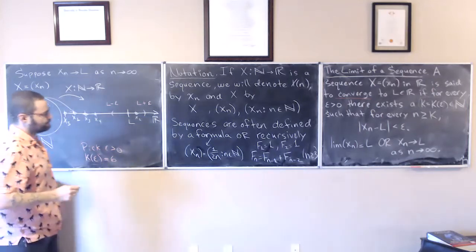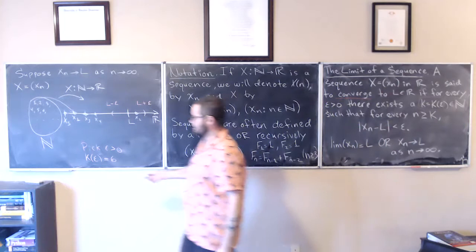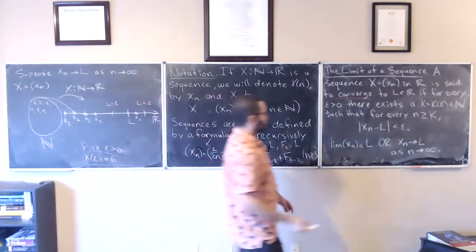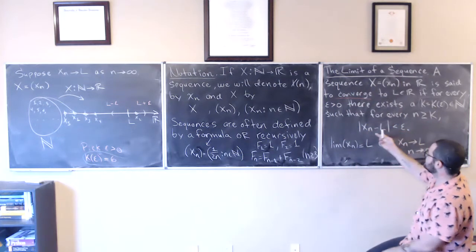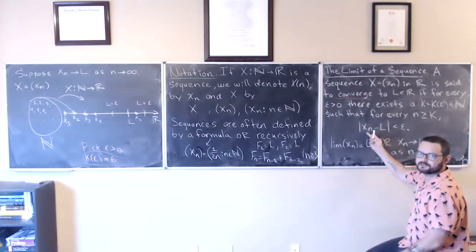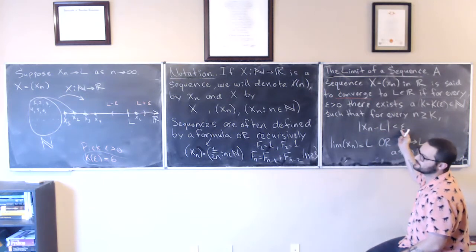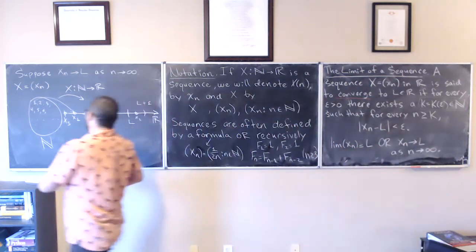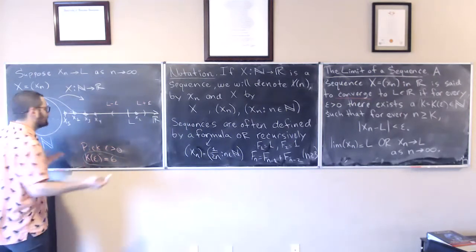But then, if that was the correct index for our epsilon, for every natural number greater than or equal to k, the image of that natural number needs to be within epsilon of the limit L. We guessed it was 6, but we're just supposing it's 6.